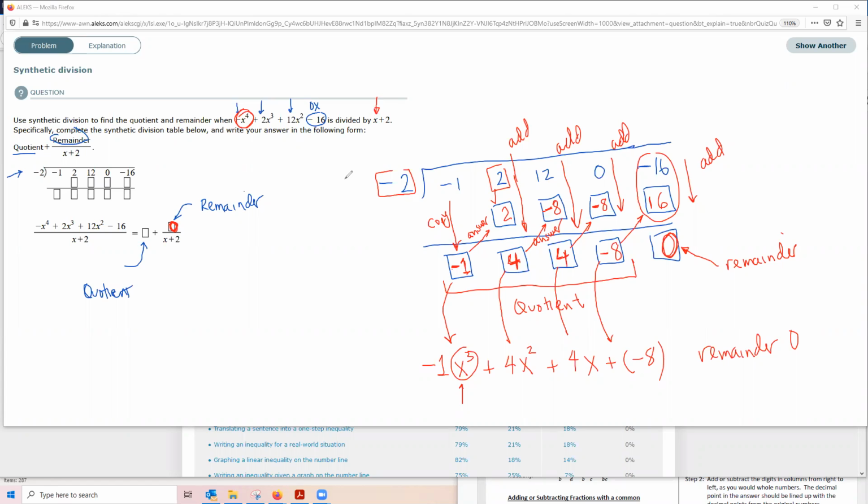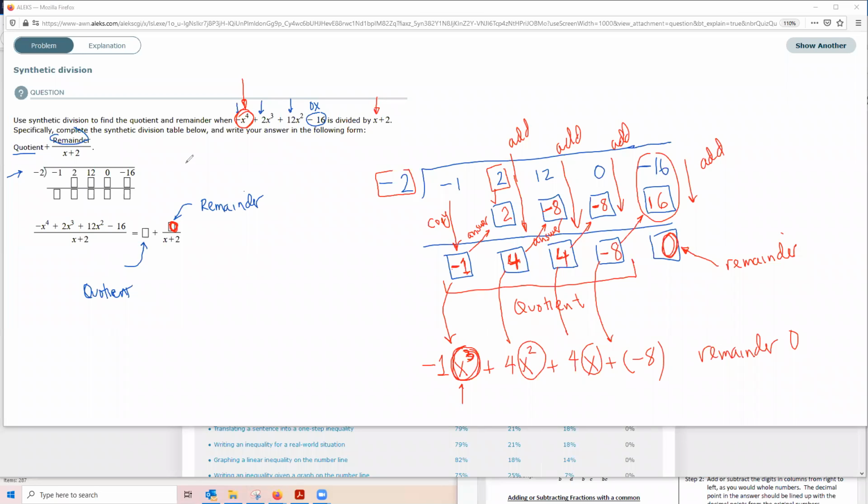So when you work out x to the 4 divided by x, you get an x to the 3. So this exponent here is always going to be 1 less than the exponent you started with. If I started with x to the 4, this first term is going to be x to the 3. And then you just go down 1. Then this is x to the 2, x to the 1, and the constant.